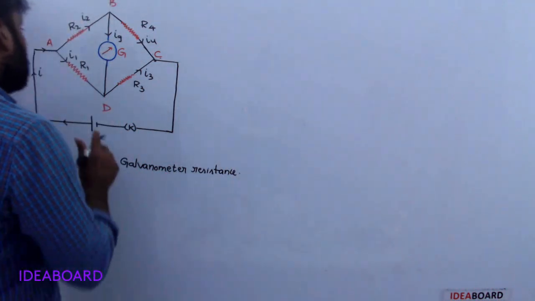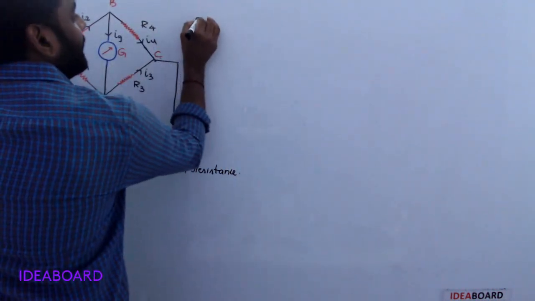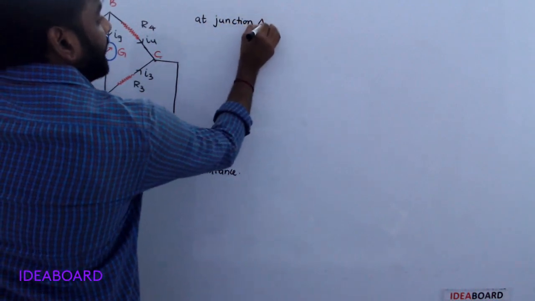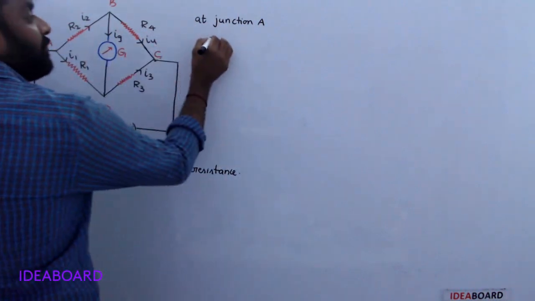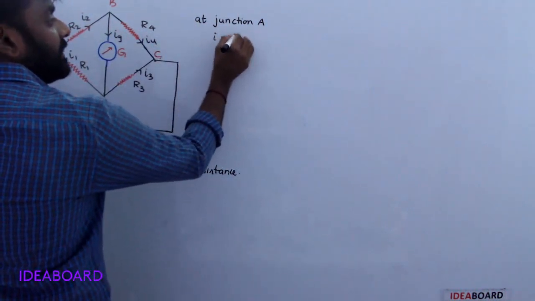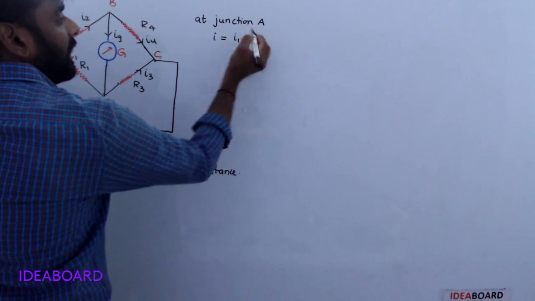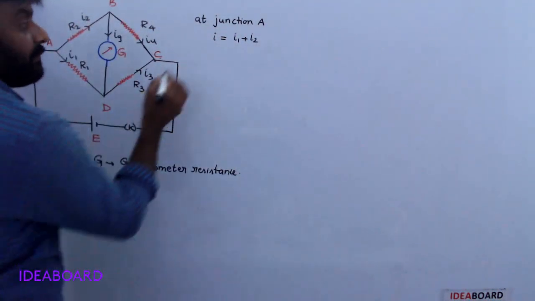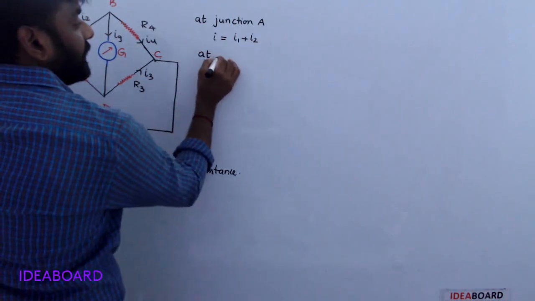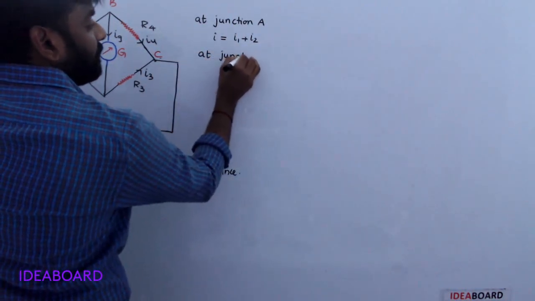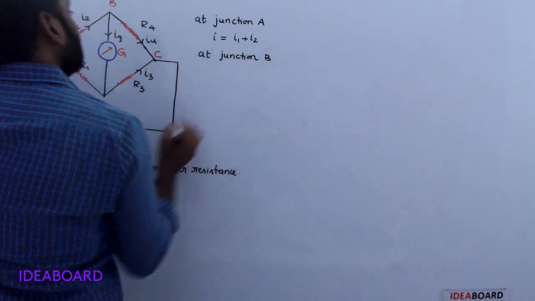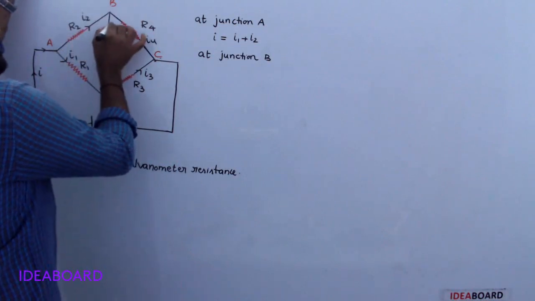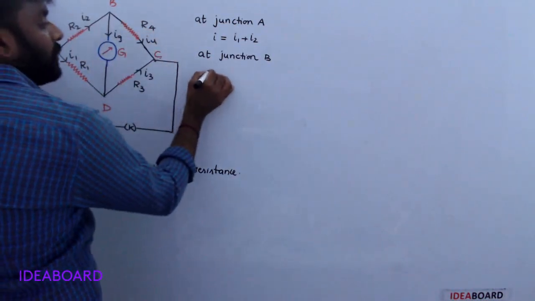Now at junction A, the entering current I splits into I1 plus I2. At junction B, I2 enters and splits into Ig plus I4.